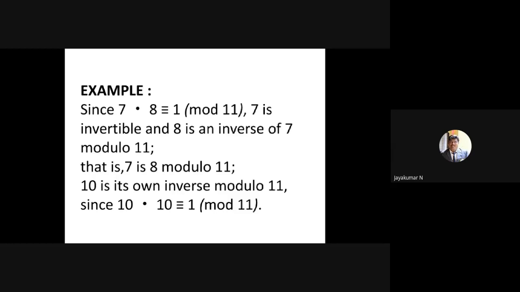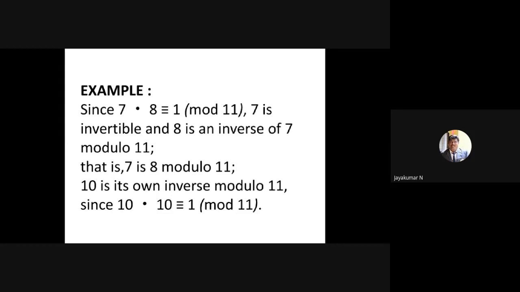So here 7 is invertible and 8 is an inverse of 7 under modulo 11. So 7 inverse, 7 power minus 1, is 8 modulo 11.